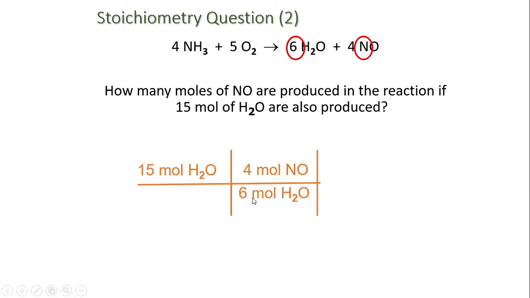So in every 4 moles of NO, there are how many moles of water? We have 6 moles of water. So to cancel water, to arrive at our desired unit for moles of NO, so we have 10 mole of NO.